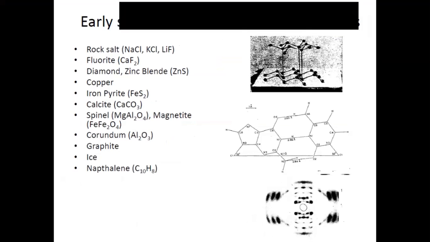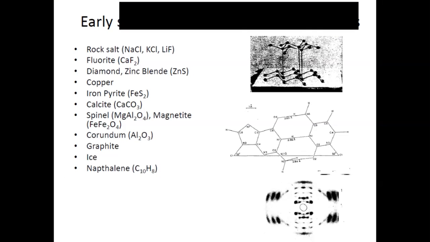Here I just want to show you some of the early crystal structures that were solved. You can see most of these are inorganic salts, because inorganic salts were very ordered, high symmetry solids, so the diffraction patterns were very simple. So they were very easy. Easy is a relative word to solve.